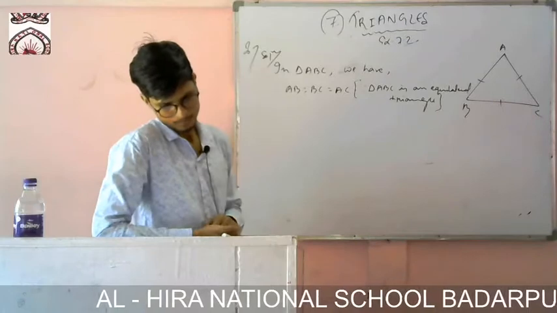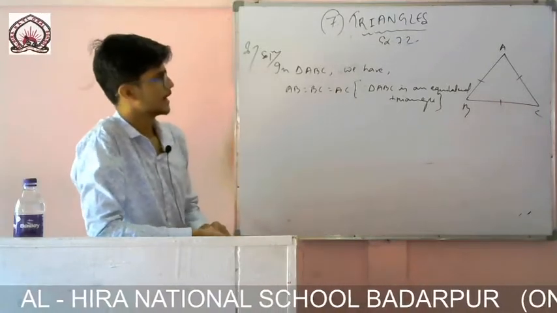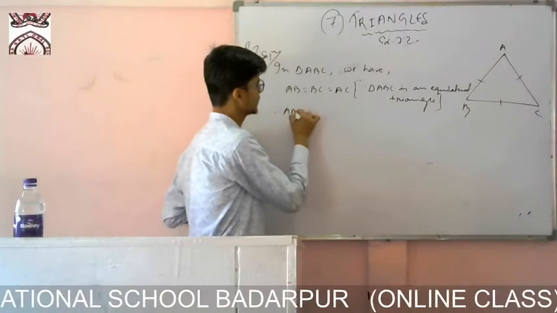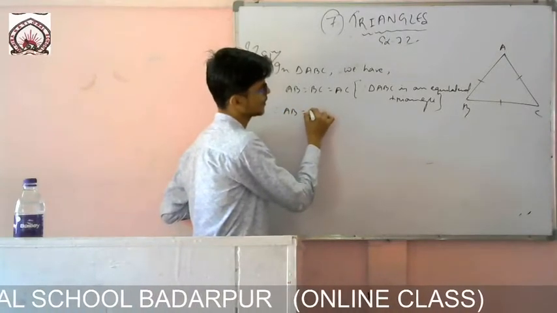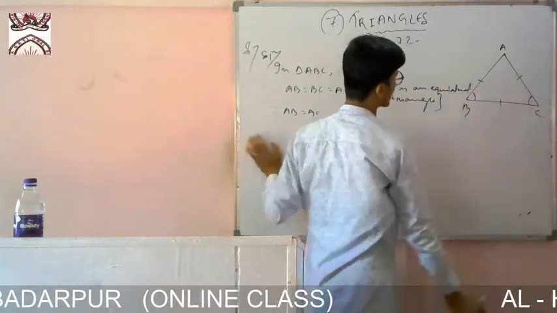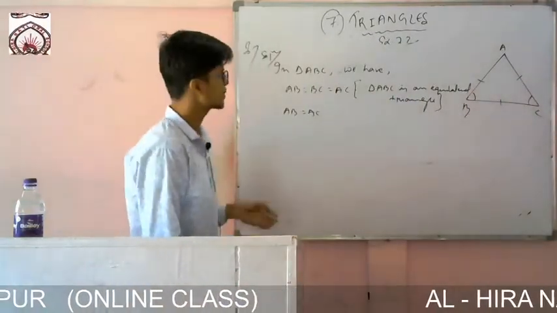So now if I take two sides, AB is equal to AC, I am taking only these two sides. If I take these two sides, then these two angles will also be equal.